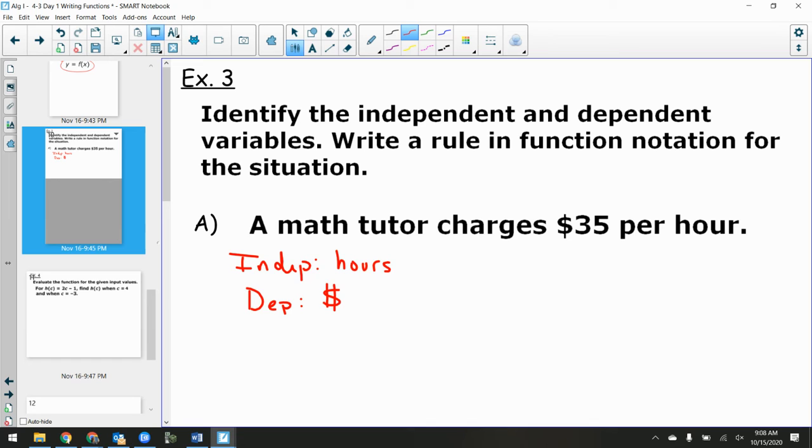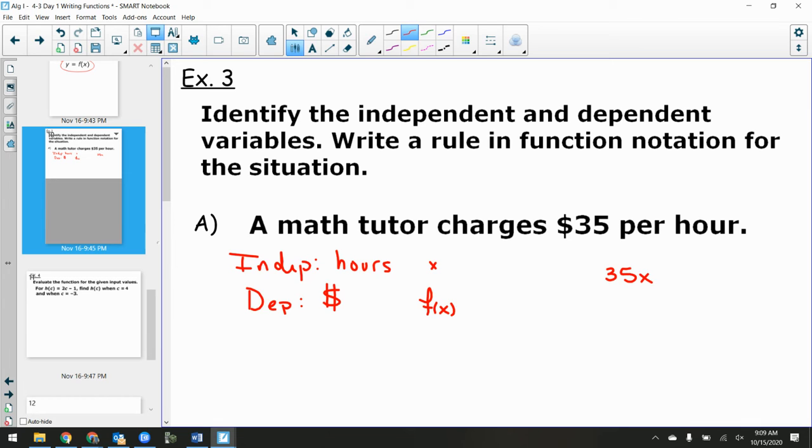Okay. So if we call the independent variable x and the dependent variable f of x, now somewhere along the way, one of my professors was using this notation, this really fancy looking f, and I just picked that up along the way. Just know that that's just like a cursive f. So what we can say here is my equation would be, if it's $35 per hour, 35x.